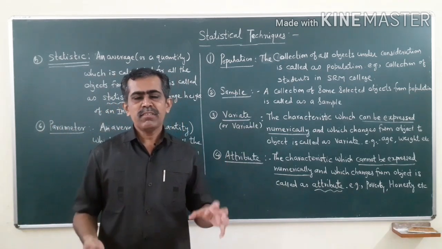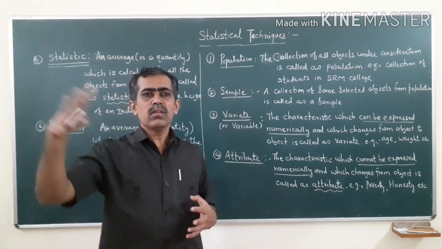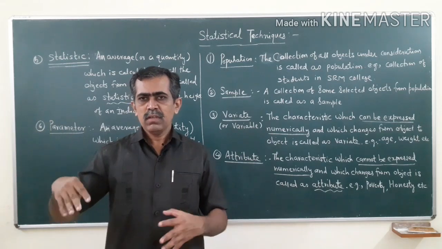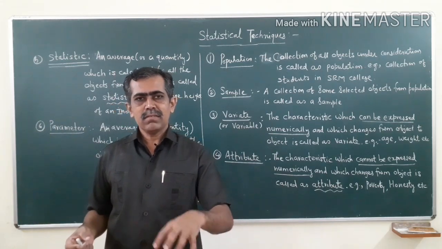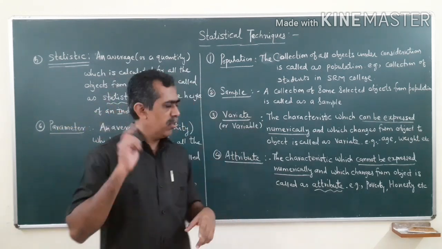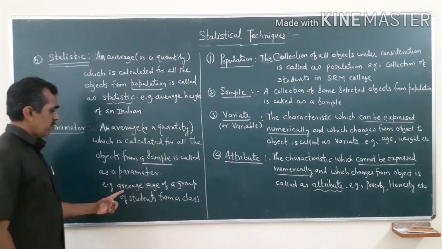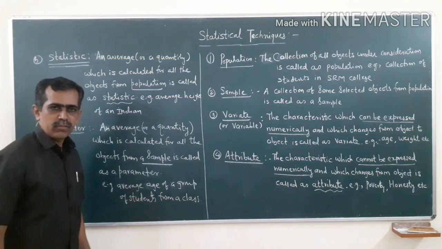Then I may select any 10 students. Suppose I find the average and it is 70. If I choose another group of 10 students, then the average will be different. So it is the average of the sample, but it varies from sample to sample. So it is called as a parameter. For example, average height of a group of students from a class.